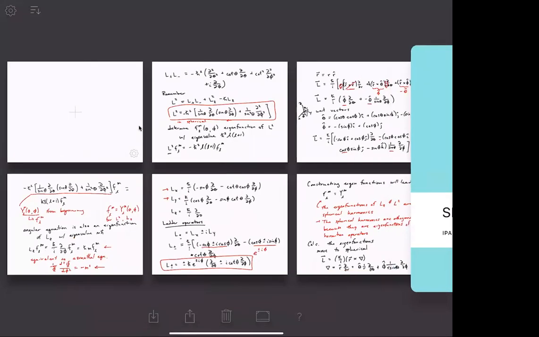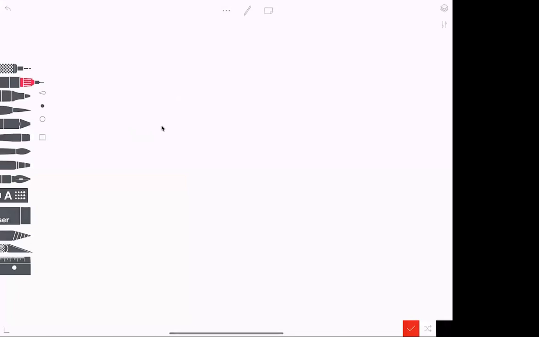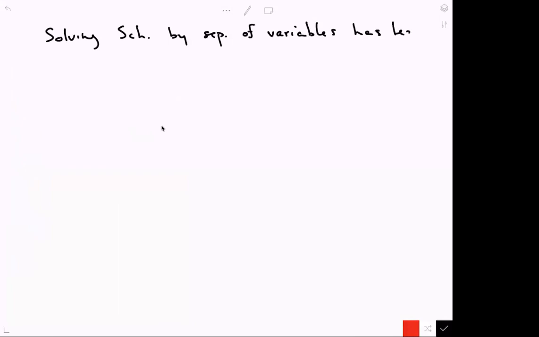So let's write that down. Solving the Schrodinger equation by separation of variables has led us to, or created, simultaneous eigenfunctions.